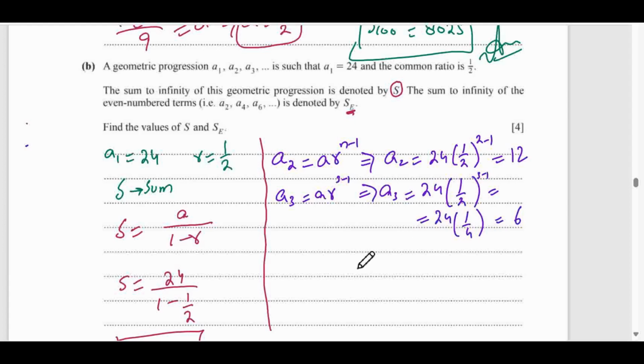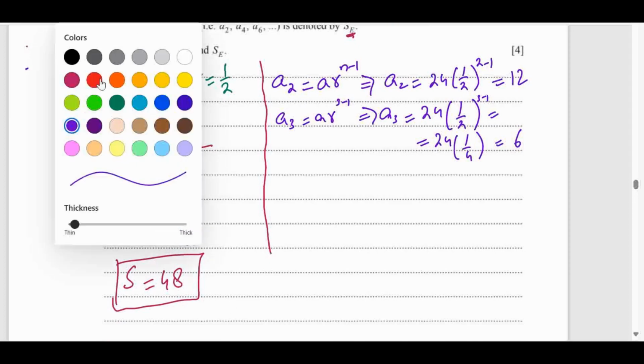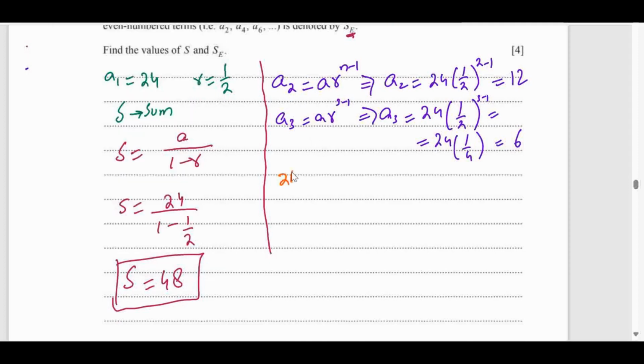We can clearly see the trend: the next term will be half. So the overall sequence is: the first term was 24, then 12, then 6, then 3, then 1.5.